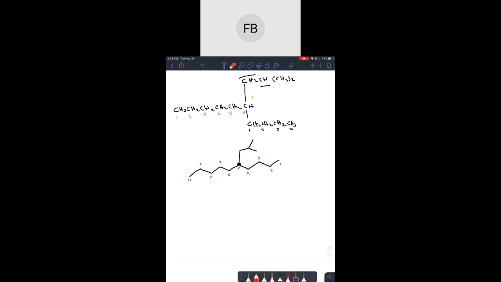I don't exactly remember how to do this. Oh yeah, that's fine. And this one's a little bit more complicated because we haven't done this in a while, to be honest. But there's branches, so that makes it a little bit more complicated. Is it like 2 comma 2? Wait.